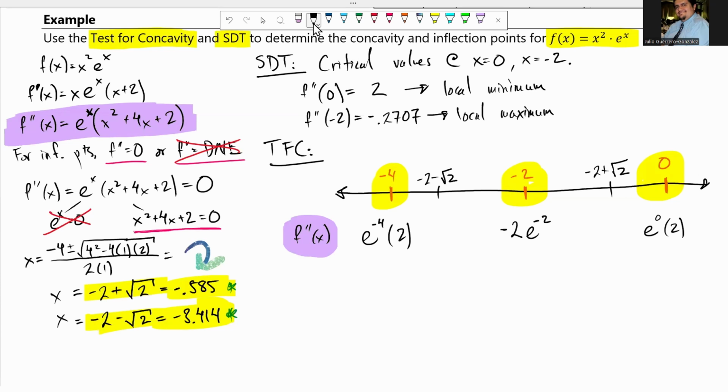If you remember how this worked when we were doing the first derivative test, we only care about the sign. Yes, these have values, they're numbers, but what we really care about is just whether it's positive or negative.